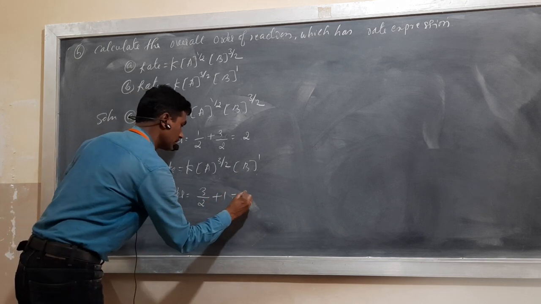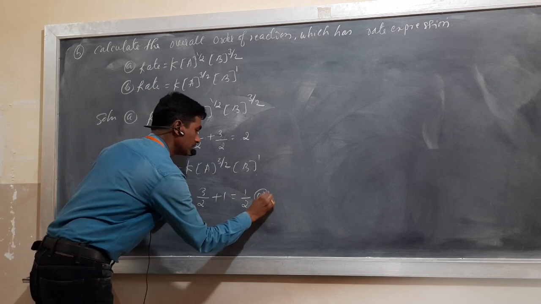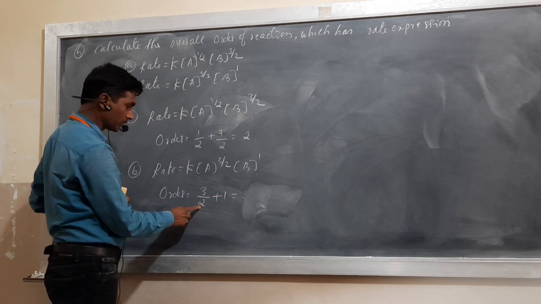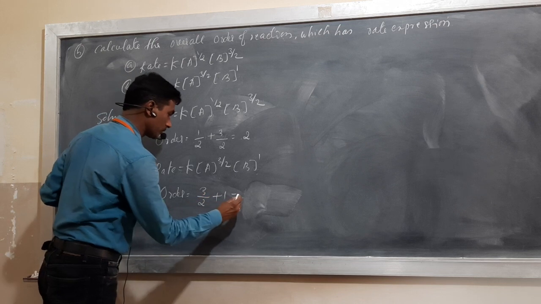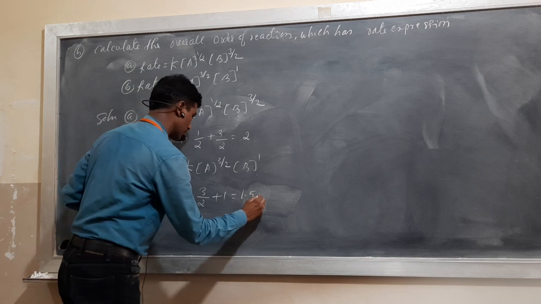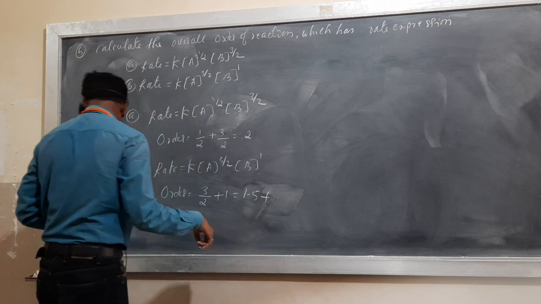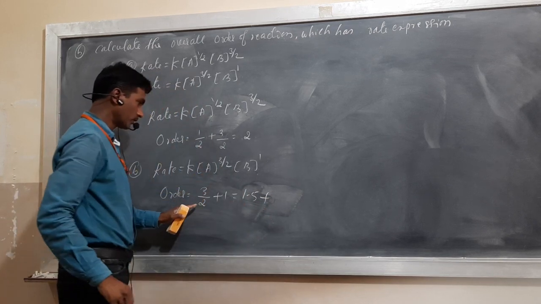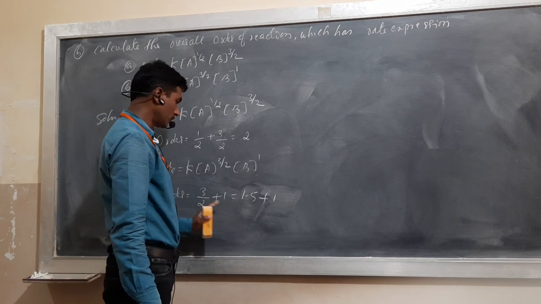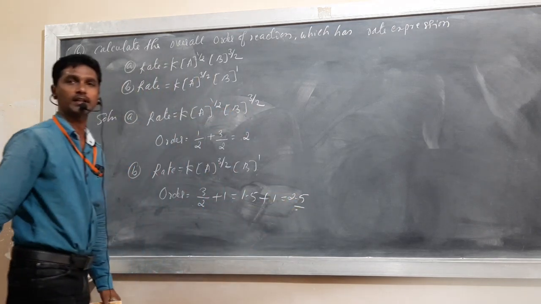So the answer is 3 by 2 plus 1. 3 by 2 is 1.5, plus 1. So it is equal to 2.5. 2.5 is the order of the reaction.